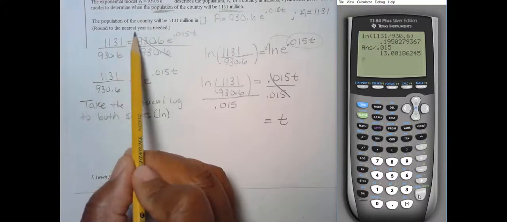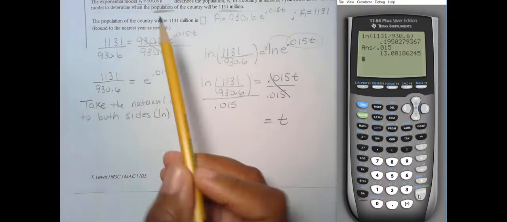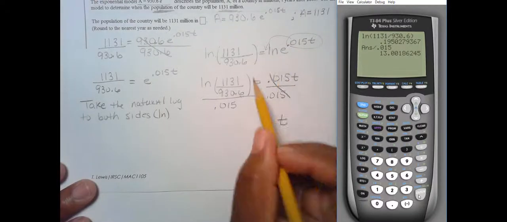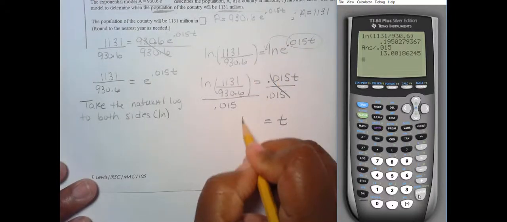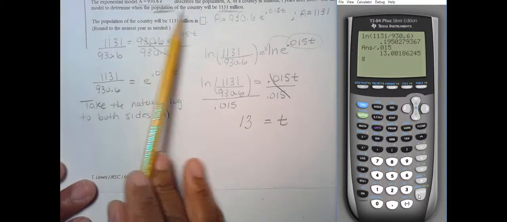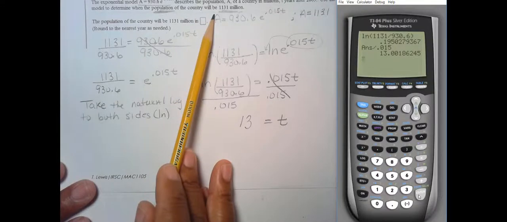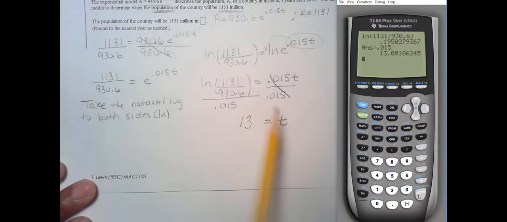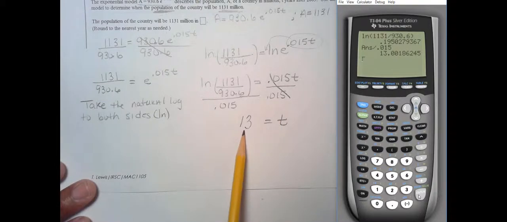The question says round to the nearest year as needed, so we have 13.0, and that rounds to 13. It says use the model to determine when the population of the country will be 1131 million. So we know it's going to take 13 years, but what would that year be?